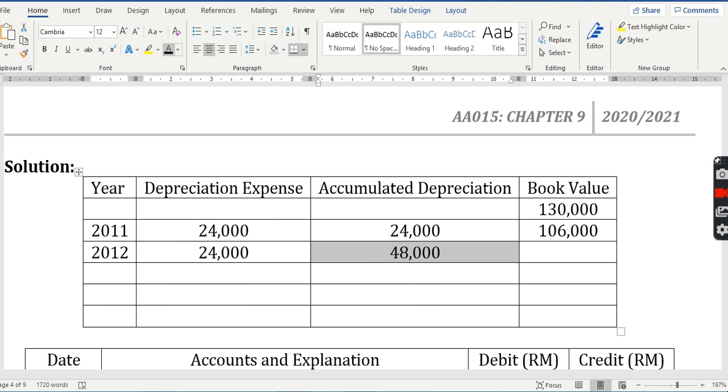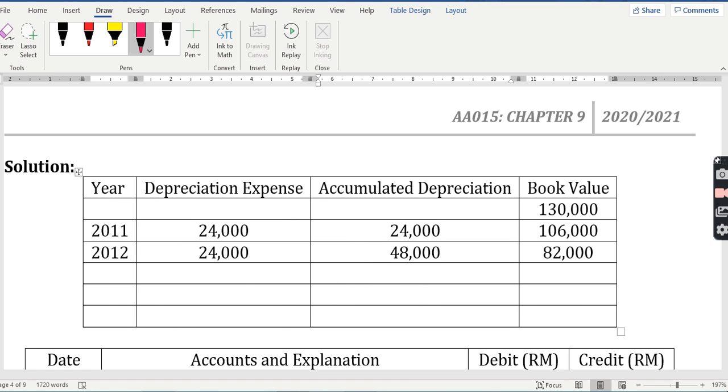Towards the end of the year, you'll find that the book value of the asset is 82,000.